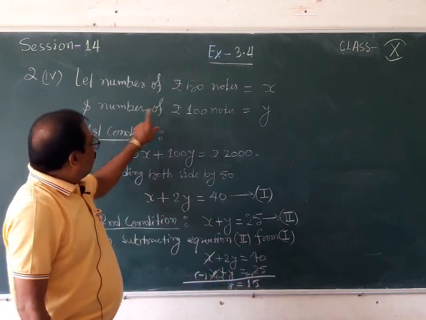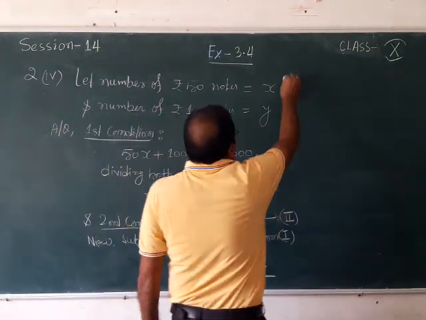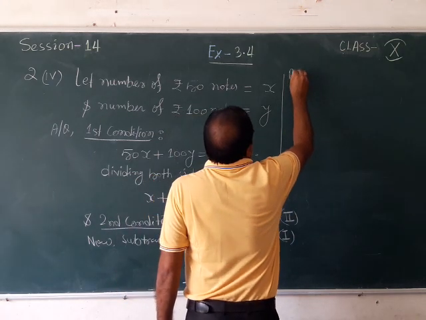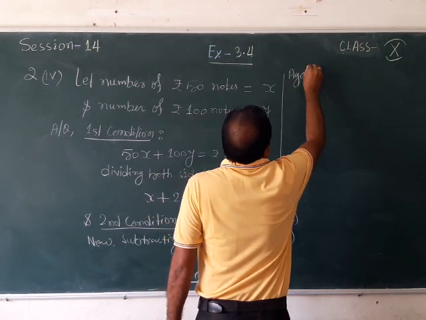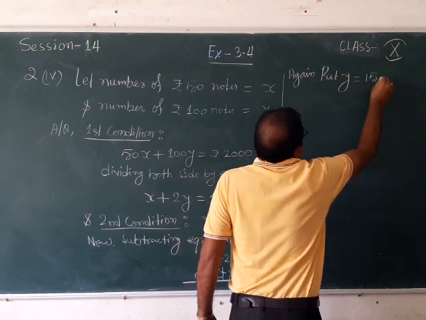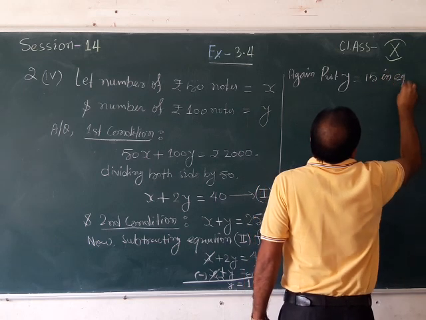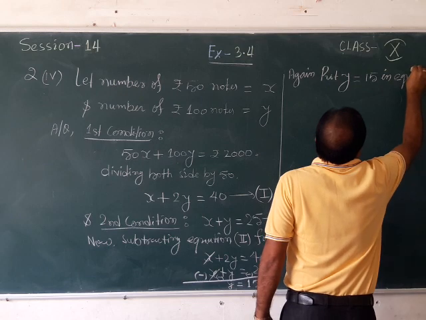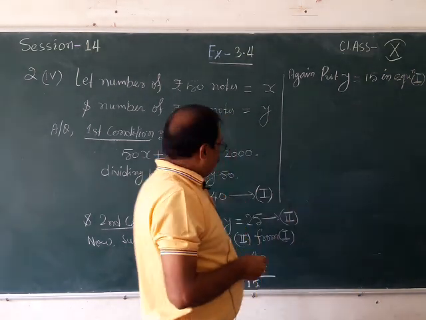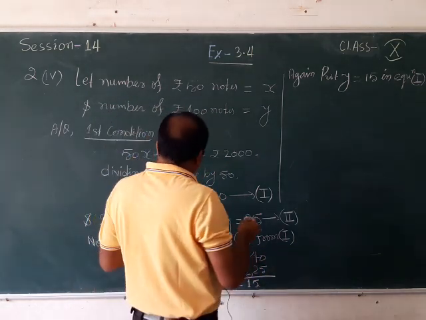So the number of 100 rupees notes has come, that is 15. Putting this value of y, y equal to 15, in the first equation. What is the first equation? x plus 2y.